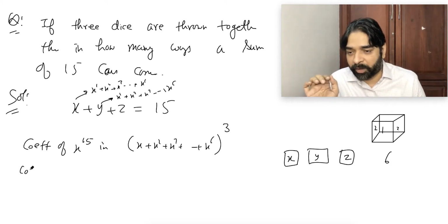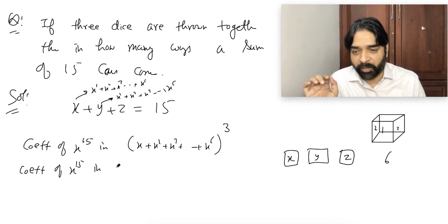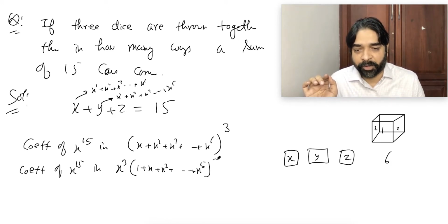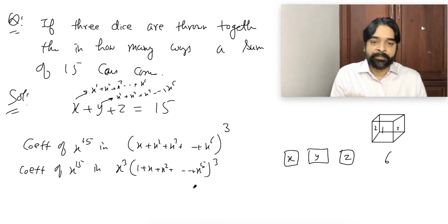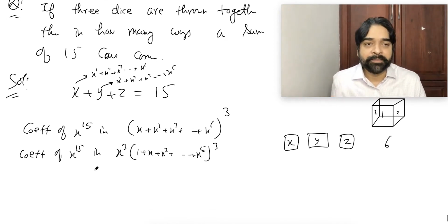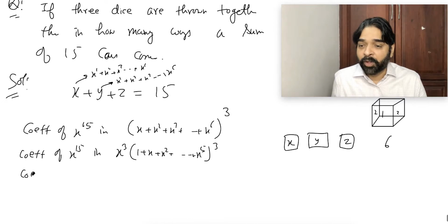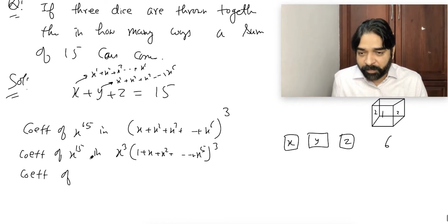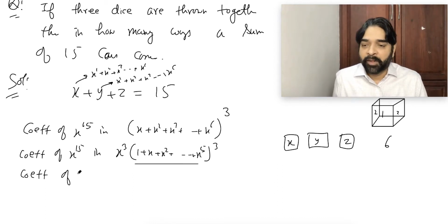So this will be equal to coefficient of x power 15 in, watch it, x cube into 1 plus x square, so on up to x power 5, whole cube. Just x I take in common. So this will be equal to coefficient of x power 15 in this, total means x power 12 in this.